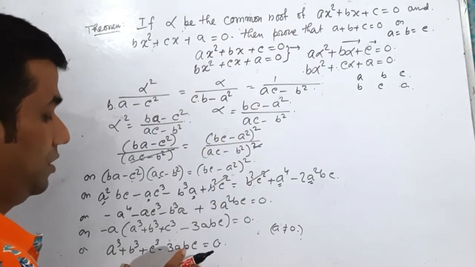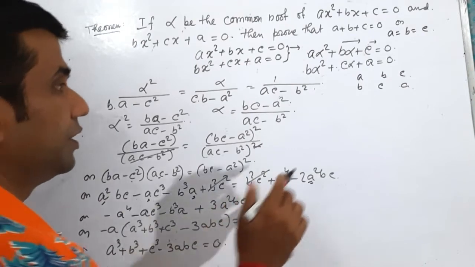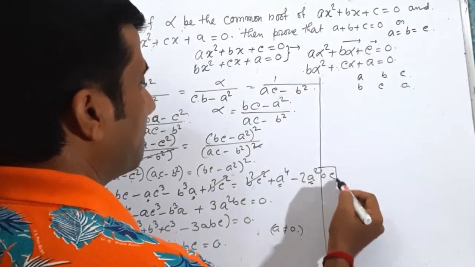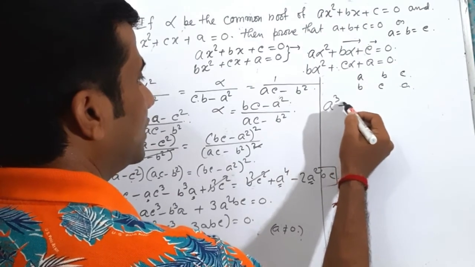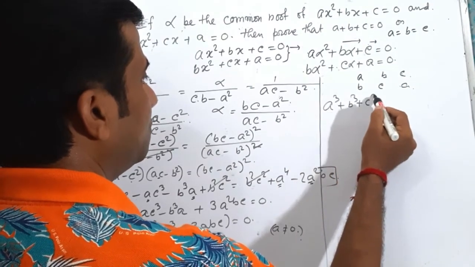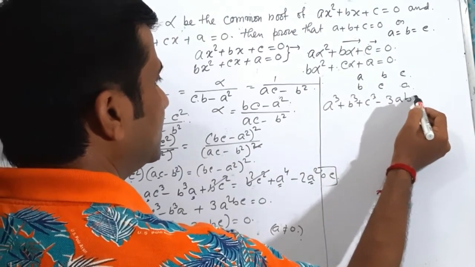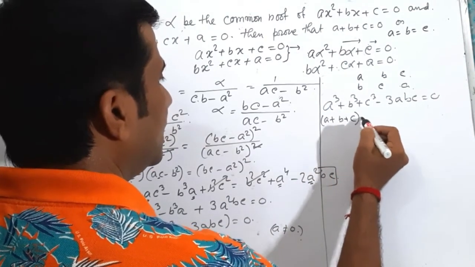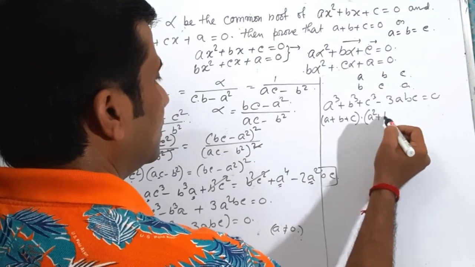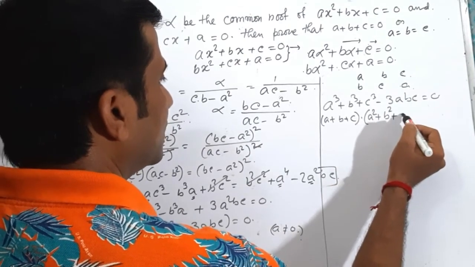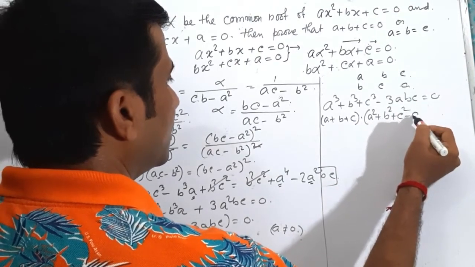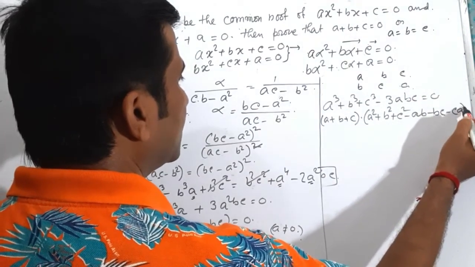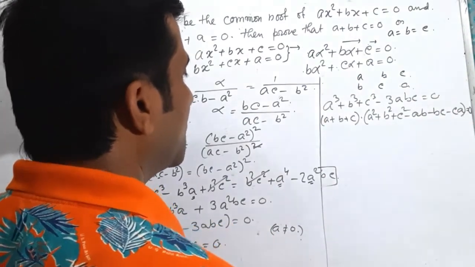Now factorizing it, we get a cube plus b cube plus c cube minus 3abc is equal to 0. That means (a plus b plus c) into (a square plus b square plus c square minus ab minus bc minus ca) is equal to 0.